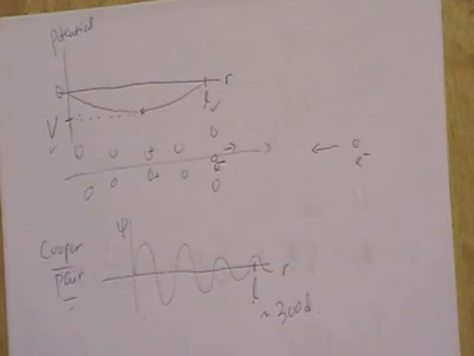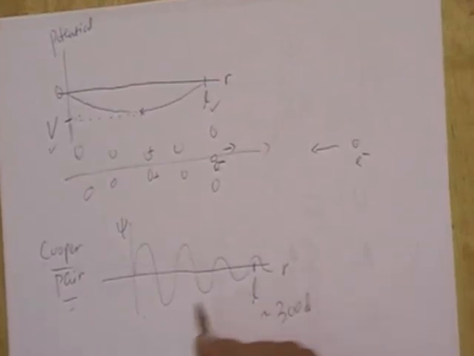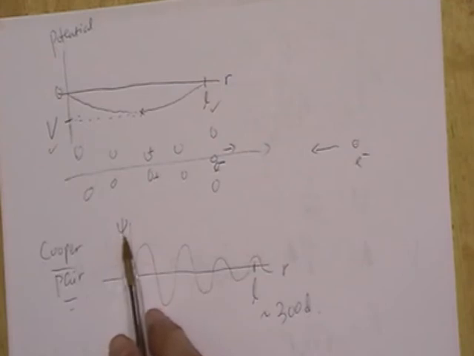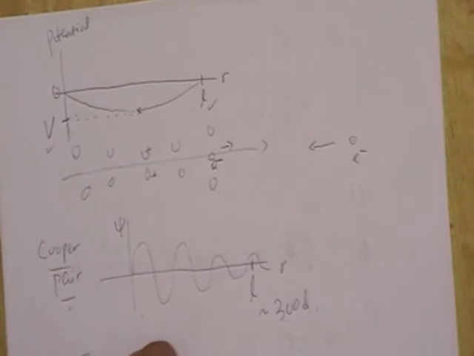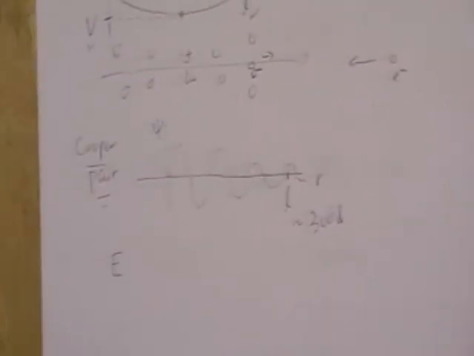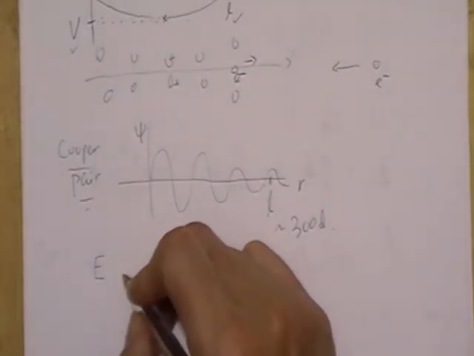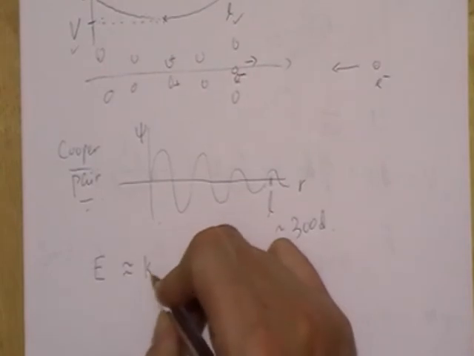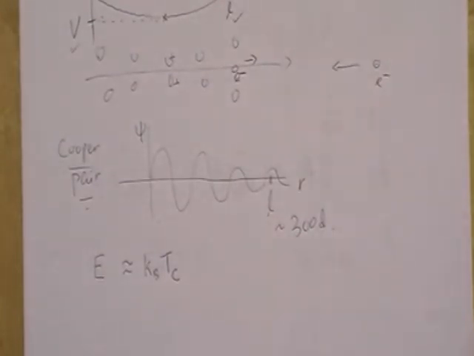Now, when solving the Schrödinger's equation, we not only get the wave function, in principle we also get the energy. And as it turns out, it was found that this energy is approximately equal to Kb times the superconducting temperature.